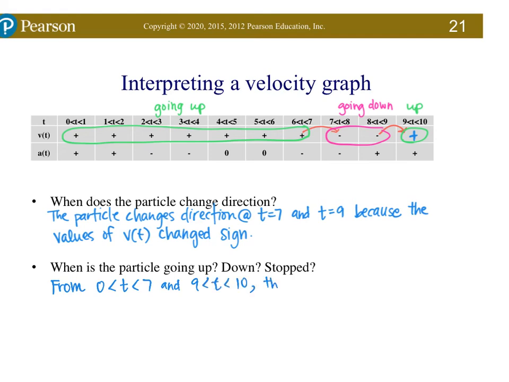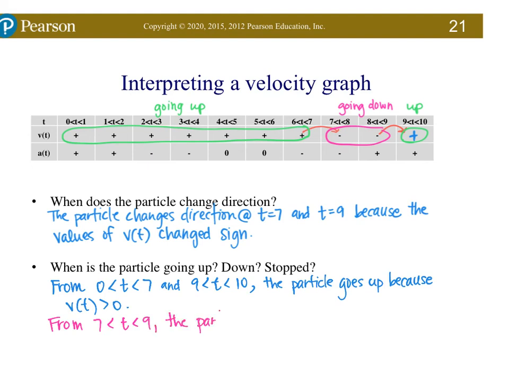From that interval, the particle goes up because v of t is greater than 0. And we've established that it's going down from 7 to 9 because v of t is less than 0.